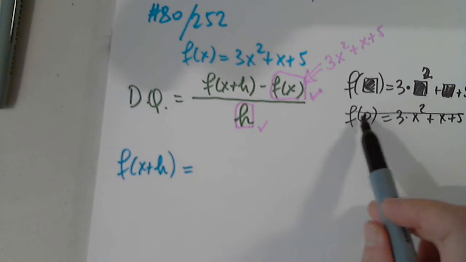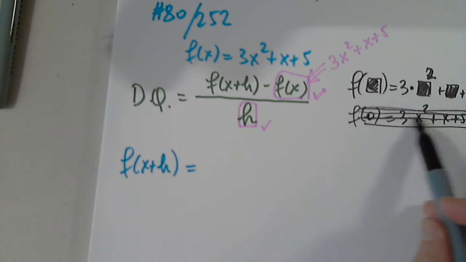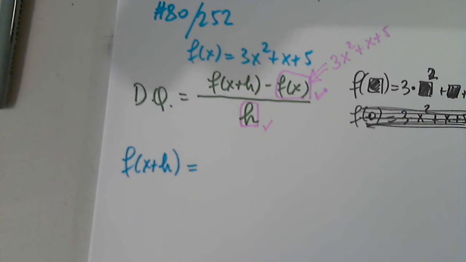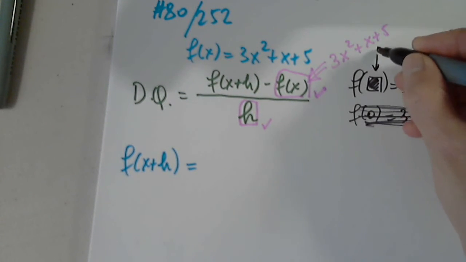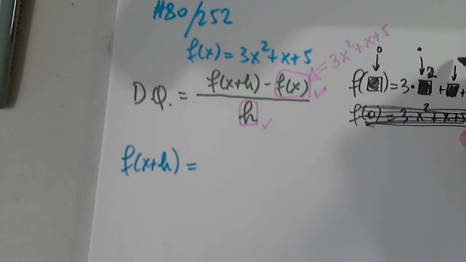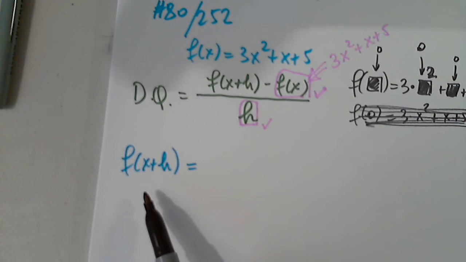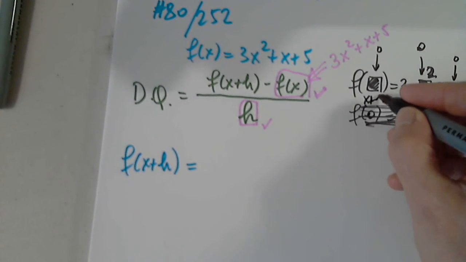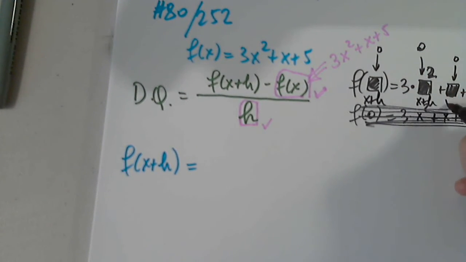No, no. So what do I do? I replace this by 0, I replace this by 0, and I replace this by 0. Now, I have x plus h. This is not f of x plus h. This is f of x plus h.